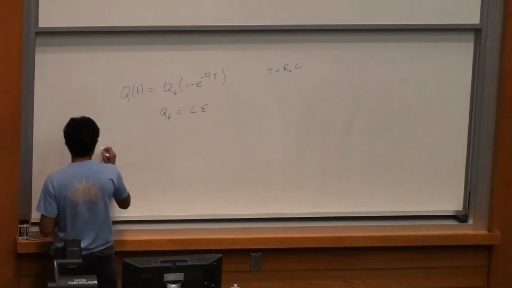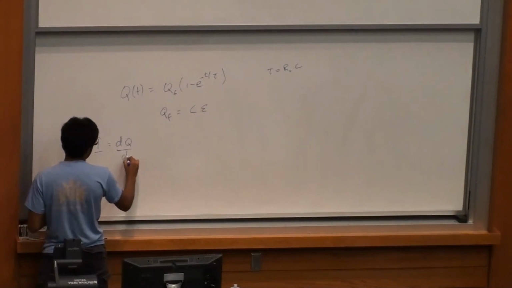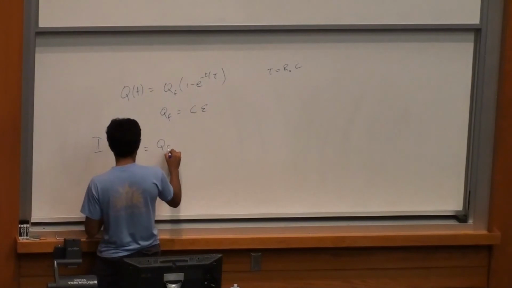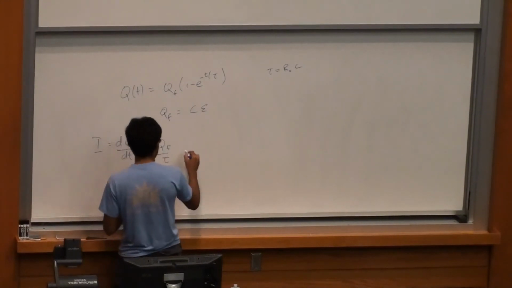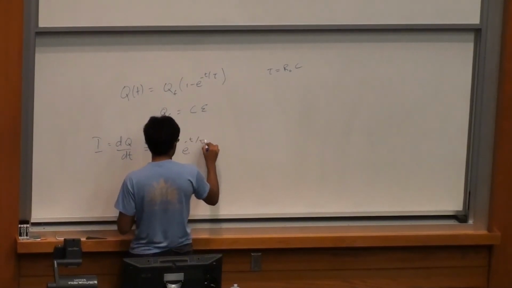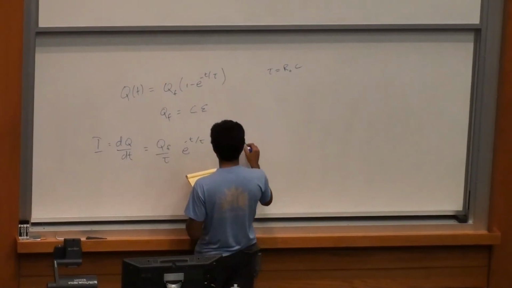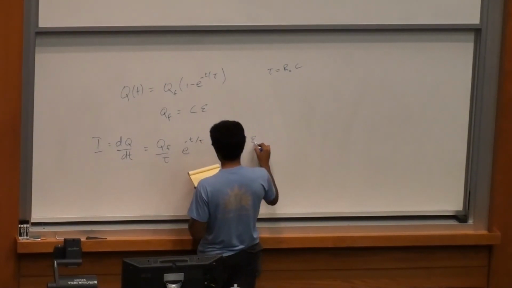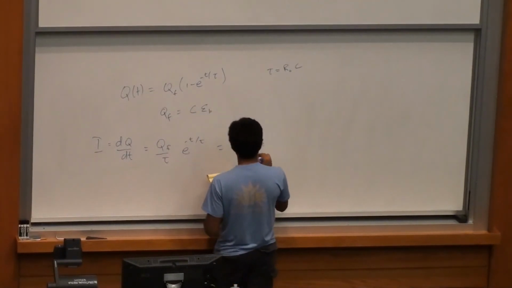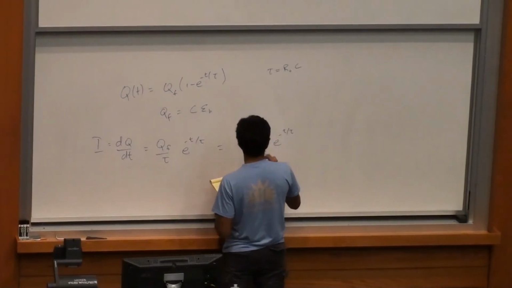So I know my current I is a time derivative of charge. So this is going to be Q final over tau, e to the negative t over tau. And Q final is equal to C epsilon B, over R naught C, e to the negative t over tau.